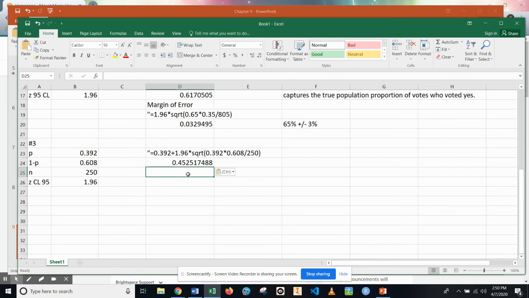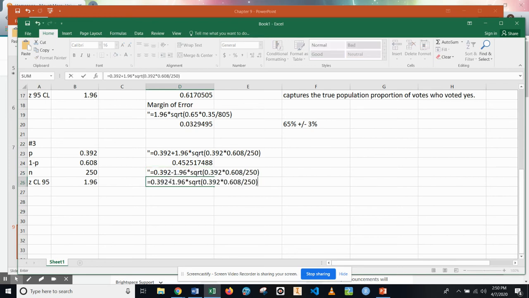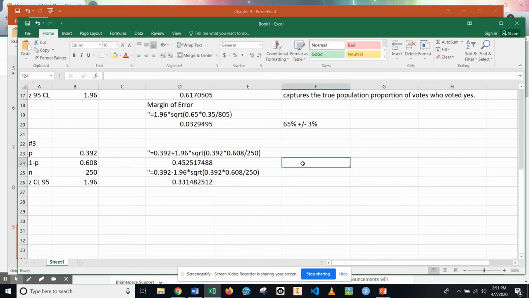Then we change the plus to a minus, and there's my interval. So maybe I see something like 0.331, comma, 0.453 as my interval. Again, we're 95% confident that the interval from 0.331 up to 0.453 captures the true population proportion of people who own tablets.